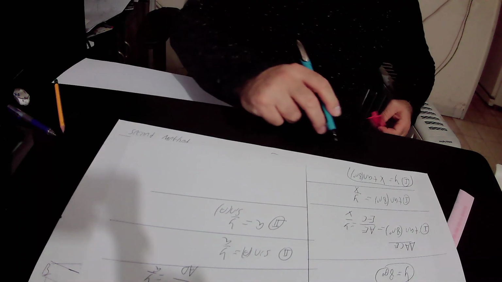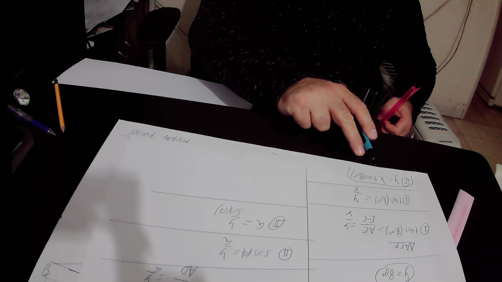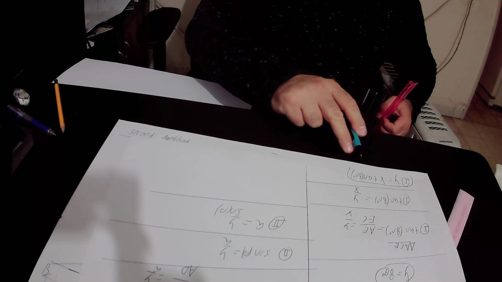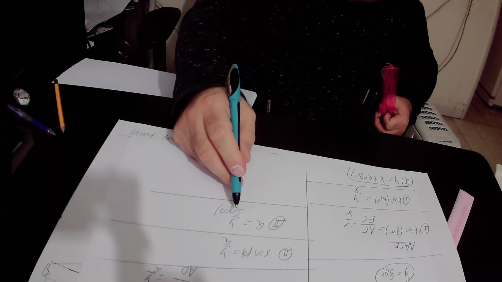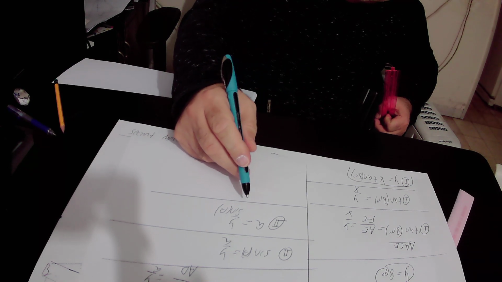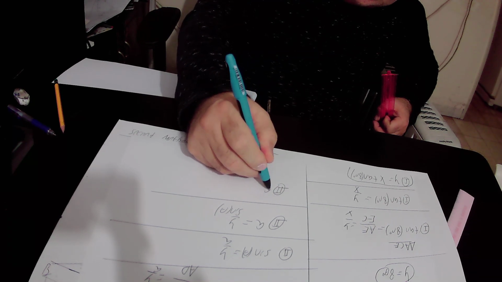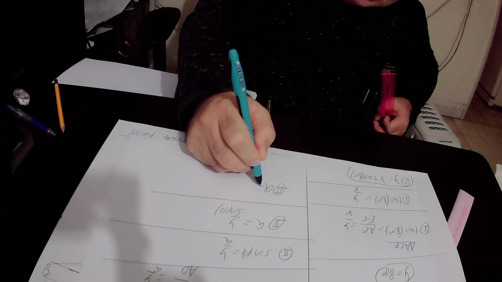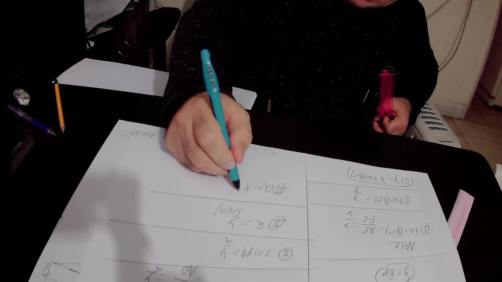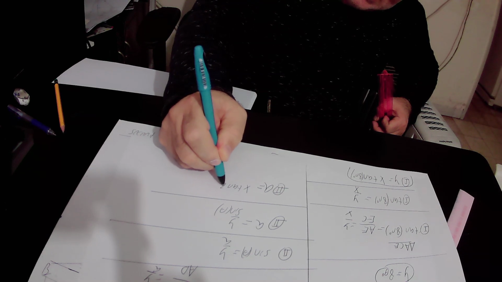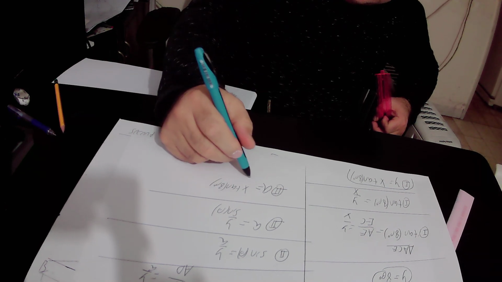But we have already found that Y, according to equation number 1, equals x times tangent 80 degrees. So we'll substitute Y in equation number 2 by x times tangent 80 degrees, and we will get that A equals x times tangent 80 degrees over sine theta.